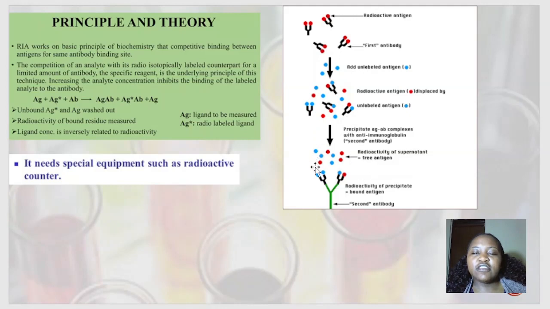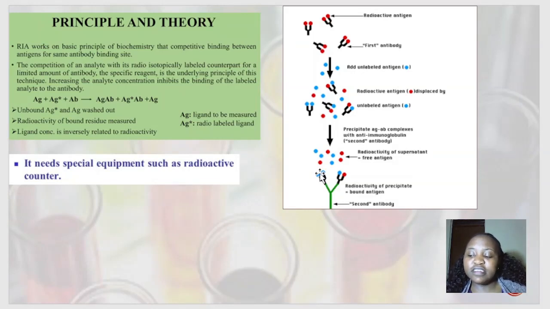So in the end, we have two: we have a supernatant, and we also have the precipitate, because this will cause precipitation. This precipitate has bound to the antibodies, which we expect to be bound to both the labeled antigen and the unlabeled.